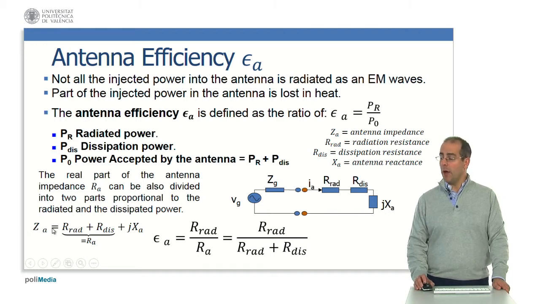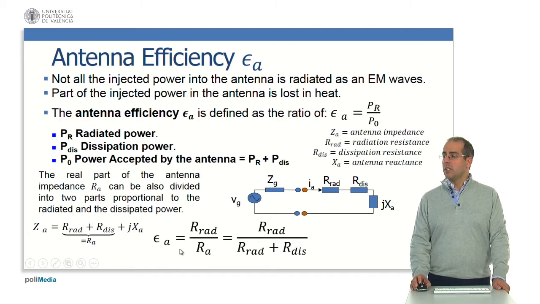Here we see the antenna impedance and we have antenna resistance, which is divided into a radiation resistance and a dissipation resistance. So the antenna efficiency can be defined as a ratio between the radiation resistance and the antenna resistance. Here the antenna resistance is the radiation resistance plus the dissipation resistance.